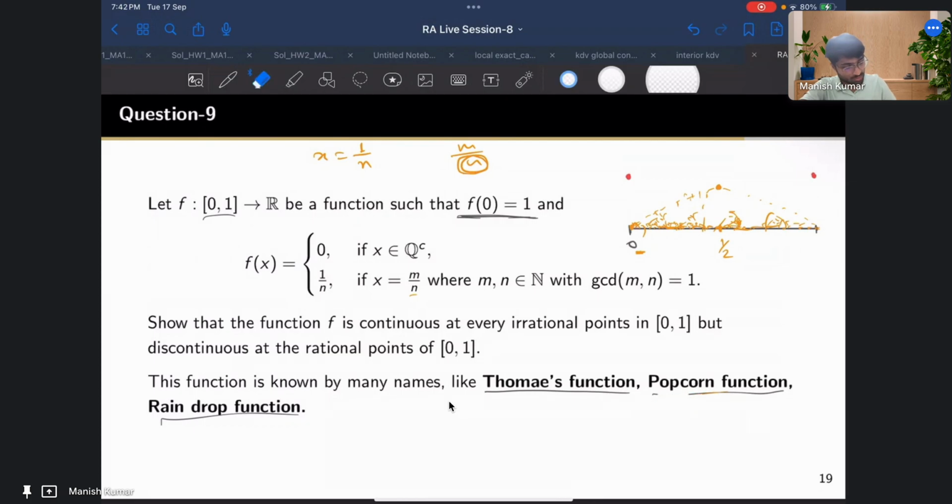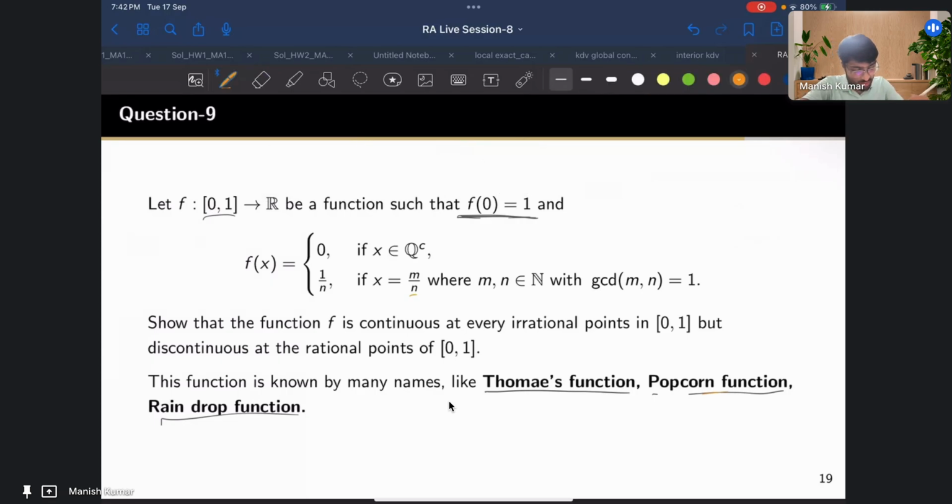Now what we have to check is, this is quite an interesting function in the sense that if you look at the continuity of this function, what you will see is that it is continuous at every irrational point and it is discontinuous at every rational point. See how this property is quite interesting, right? It is continuous at infinitely many points, it is discontinuous at infinitely many points, and all those points are dense also.